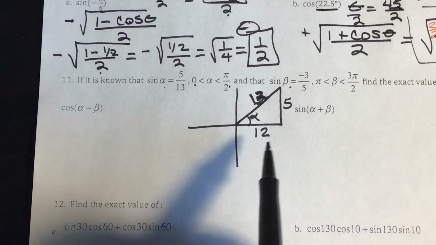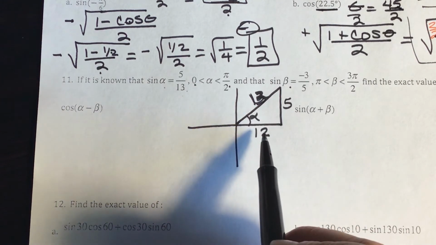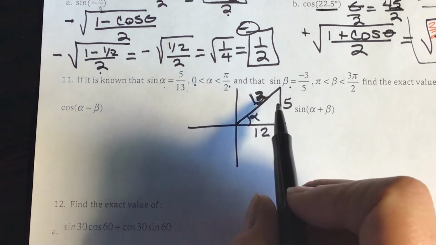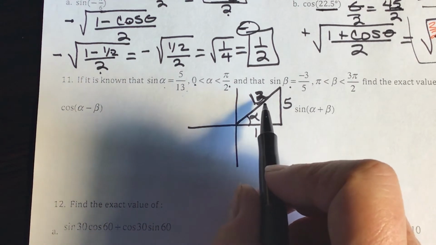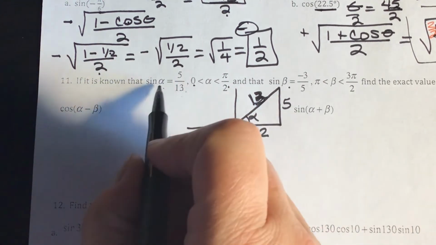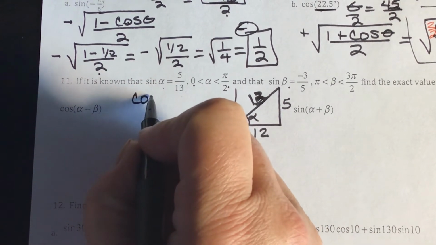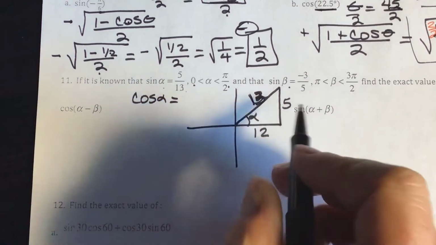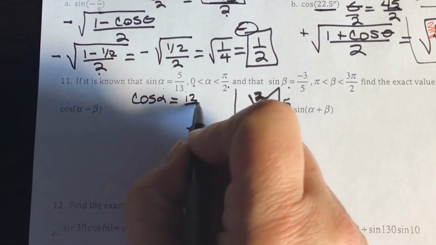And if you're unsure of that, you could do the Pythagorean theorem. But I want to find cosine now. So if sine of my angle is 5 over 13, cosine of angle A is going to be 12 over 13.